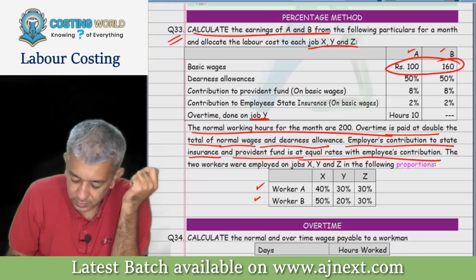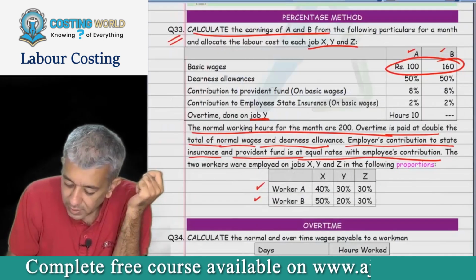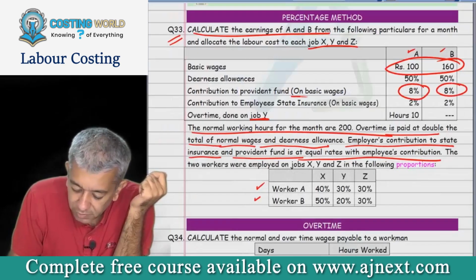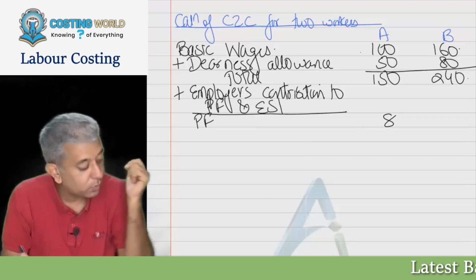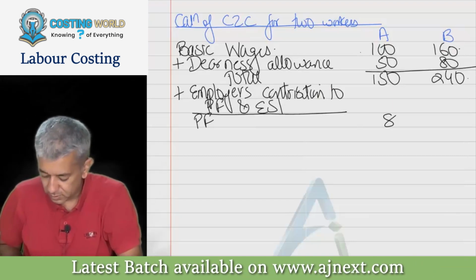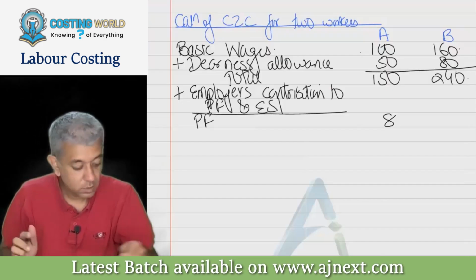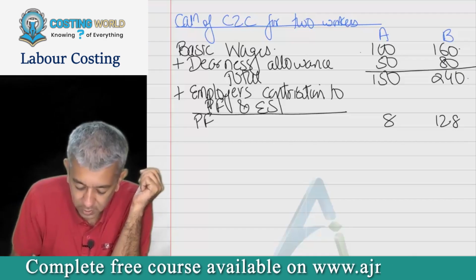First of all, I'll take PF. It is 8% of basic wages. Basic wages are over here, so it will become 8 only. And there, do 160 into 8%, please: 12.8.